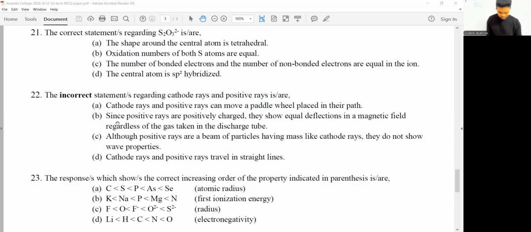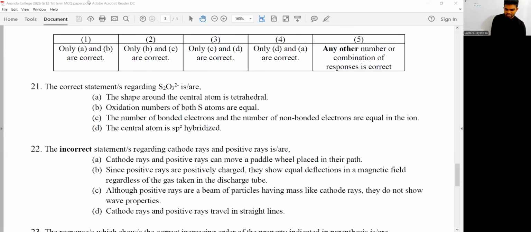So A was correct, B and C were wrong. And D statement, cathode rays and positive rays travel in straight lines. That is correct. You can put a metal cross in their path and check this. Remember, they're asking the incorrect one. So incorrect answers are B and C, which gives you answer 2. Okay, a good question.